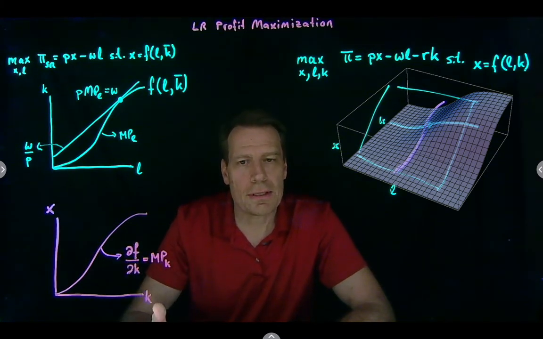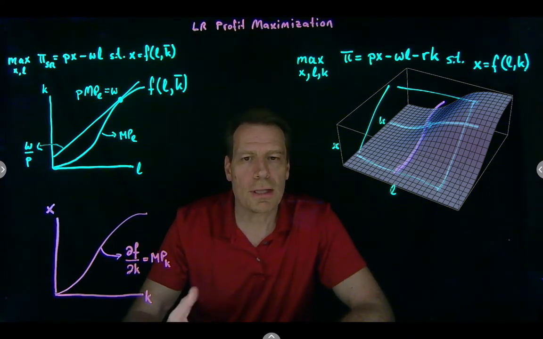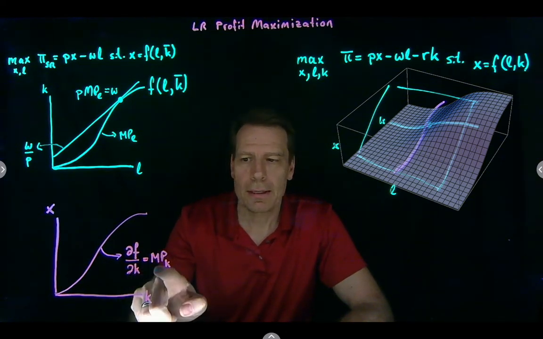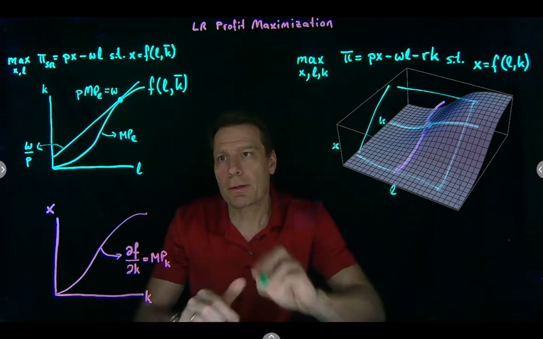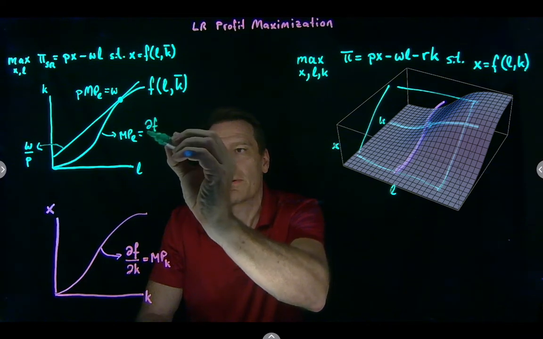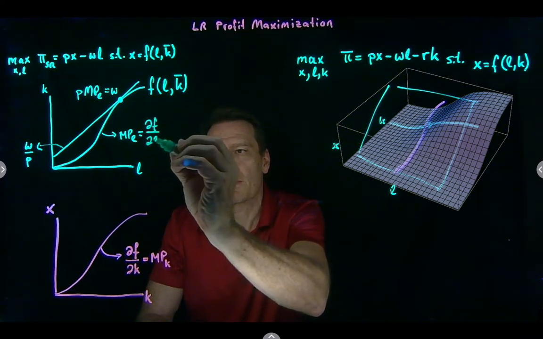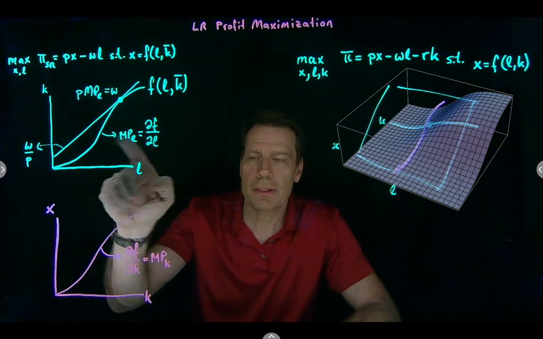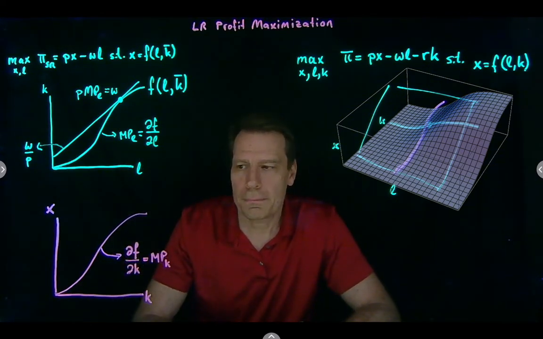So that's just the definition of marginal product of an input. How much additional output do we get from one more unit of the input? If we differentiate with respect to capital, that becomes the marginal product of capital. Just as up here, the marginal product of labor was the partial derivative of the production function with respect to labor. So we have a similar slope, only now it's the marginal product of capital.